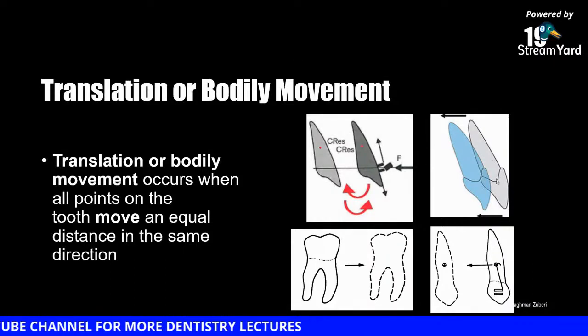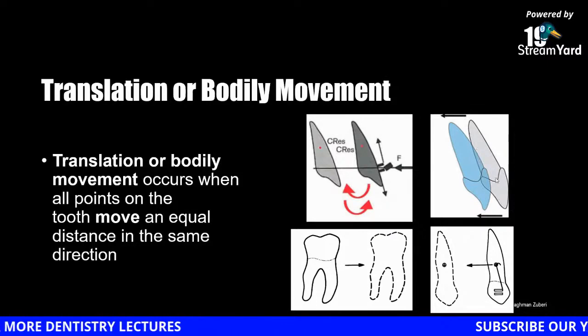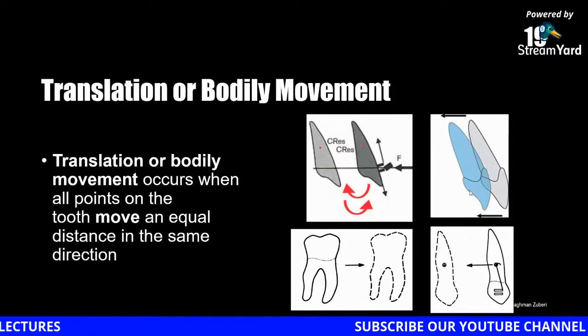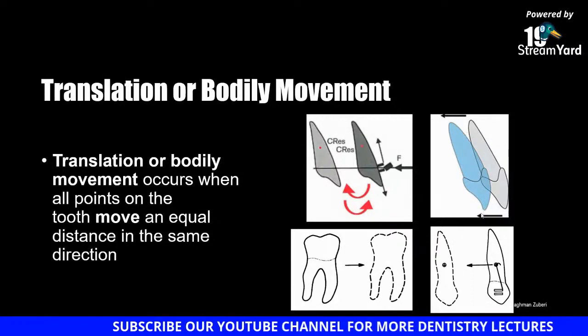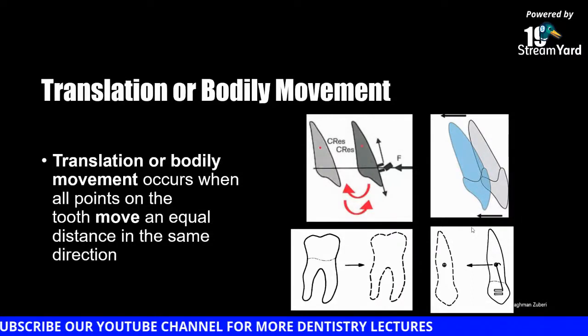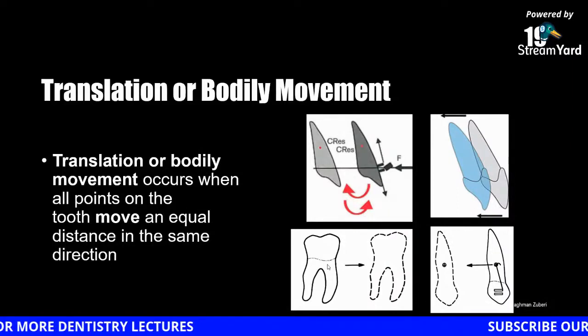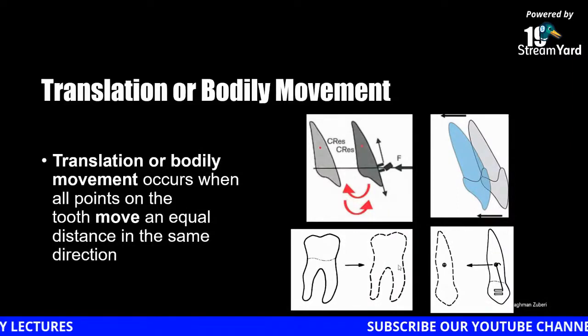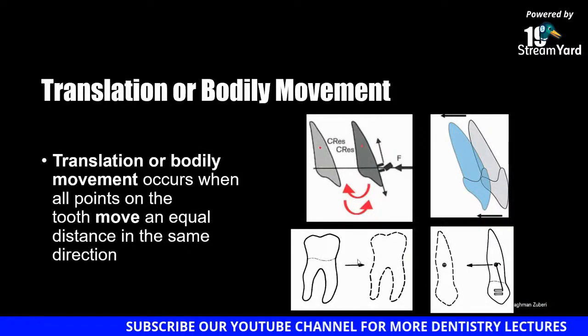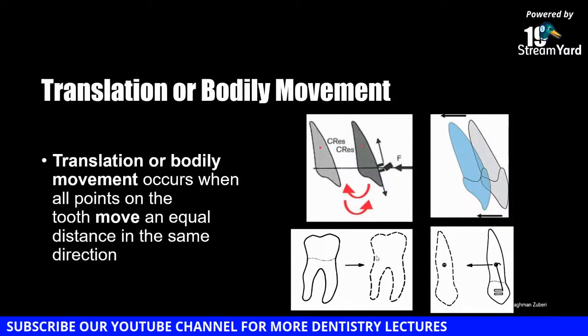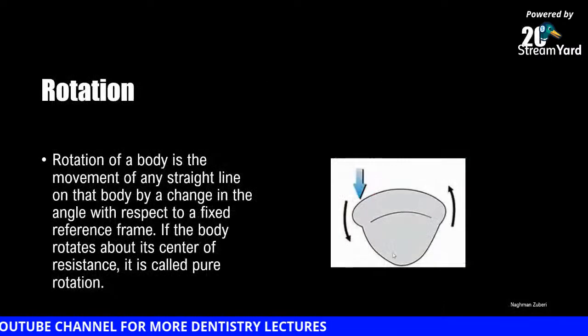The tooth starts in the same orientation from position 1, and when it reaches position 2, its orientation is not changed in the x and y axis. Even if you are going to mesialize a tooth or distalize a tooth, whatever you are doing, with bodily movement, there is no change in its orientation.